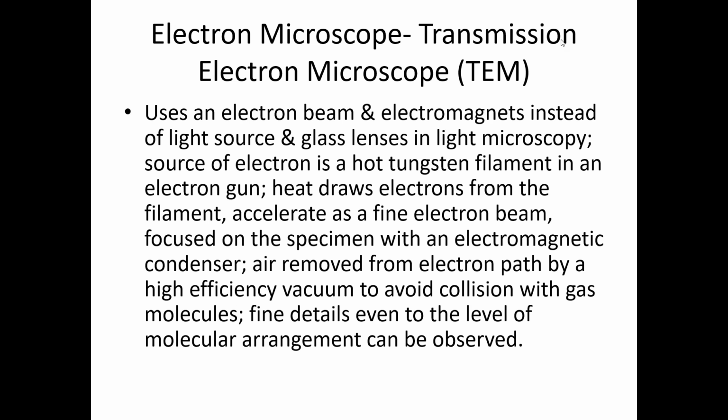Now, what is a transmission electron microscope? What we are doing here? First of all, it uses an electron beam and electromagnets instead of a light source and glass lenses in microscopy. So whether it is a transmission electron microscope or a scanning electron microscope, any electron microscope uses an electron beam in order to illuminate the object, instead of the light source in light microscopy, and it uses electromagnets in order to direct the electron beam onto the specimen, instead of the lenses in a light microscope.